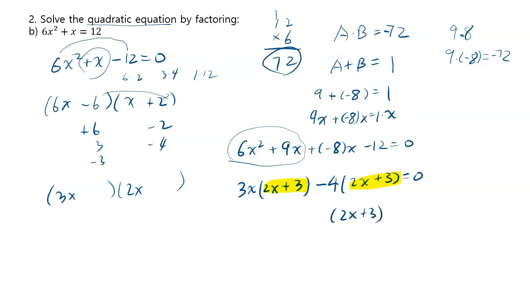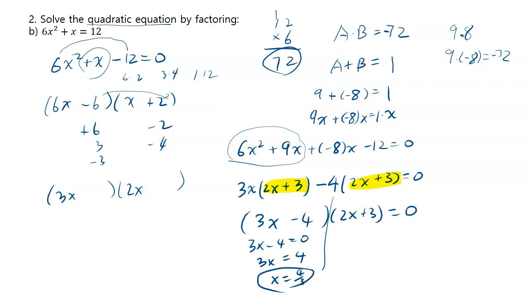Factoring that out, if you take them out, then the remaining ones are 3x and then negative 4. So now you can solve this by saying either 3x minus 4 should be equal to 0, which is, if you add 4 both sides and then divide by 3, you get x equal to 4 over 3.